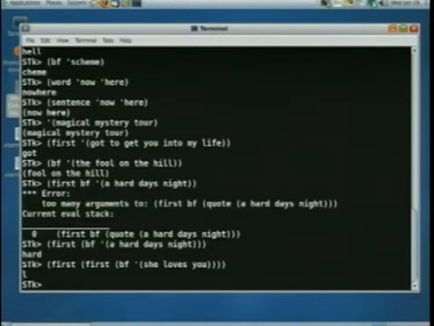Okay. The other 10% of Scheme language, we can give names to things. So I can say, four.